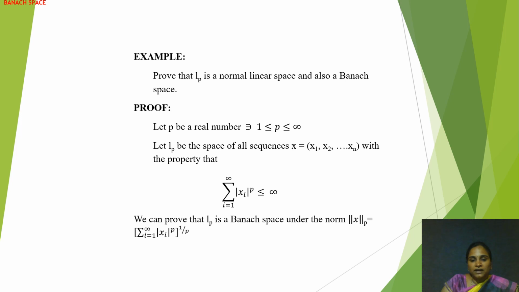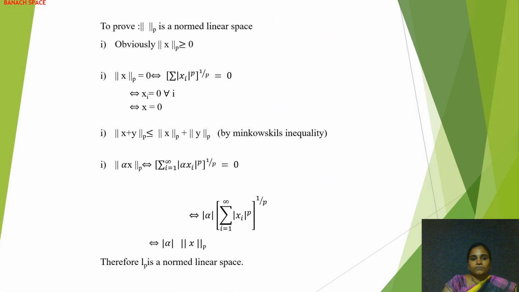We can prove that l^p is a Banach space under the norm of x in l^p, which is equal to the sum over i from 1 to infinity of modulus of x_i to the power of p, whole to the power of 1 by p. So to prove l^p is a normed linear space, obviously norm x is greater than or equal to 0, and norm x in l^p equal to 0 implies that the sum of x_i to the power of p, whole to the power of 1 by p, is also equal to 0.